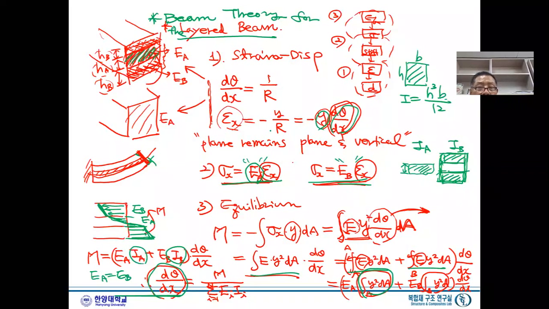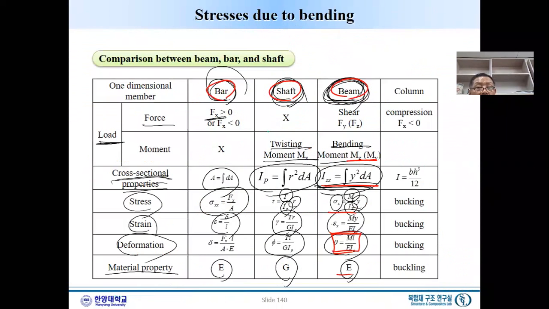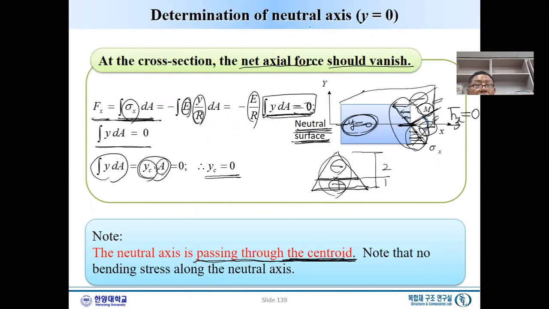There is actually one subject, which is the determination of the neutral axis, which we already considered. And again, we do exactly the same here. And sigma x is now E times y over R, and you have two different materials.